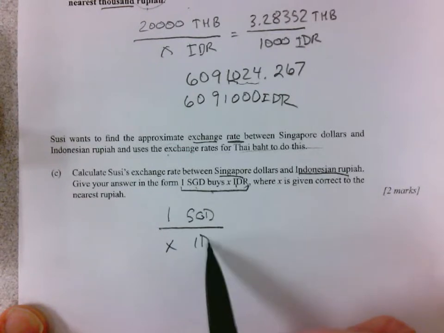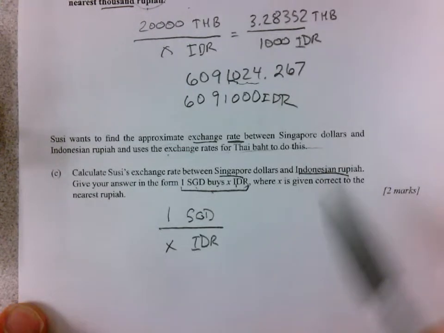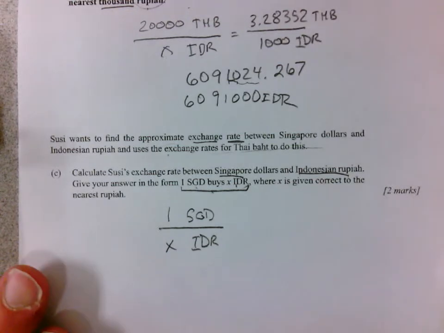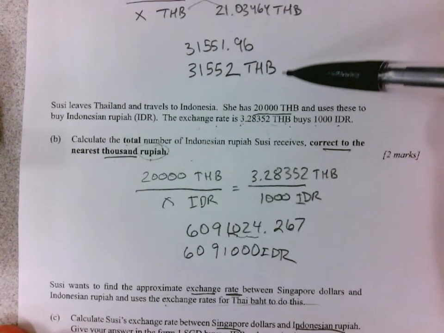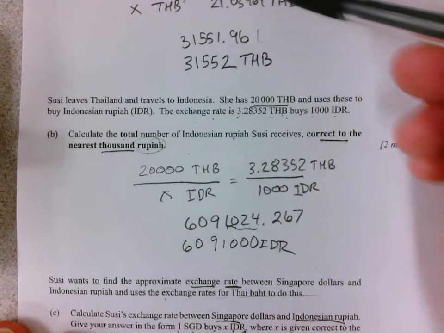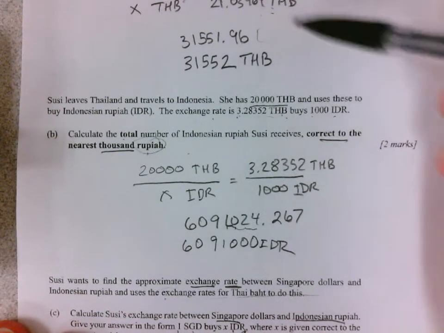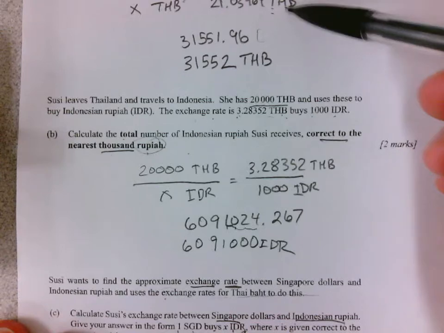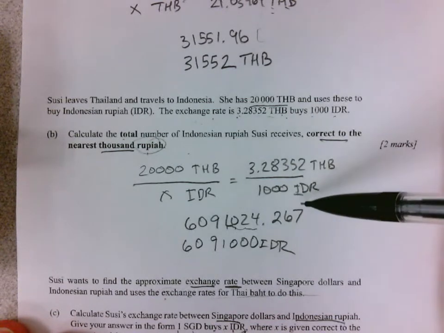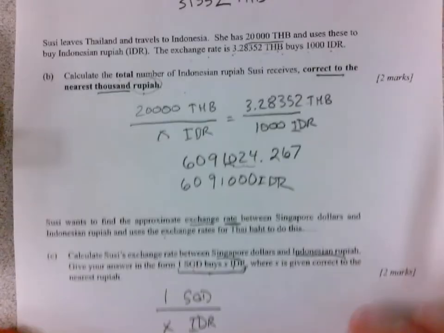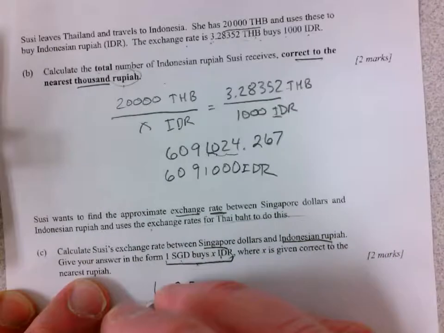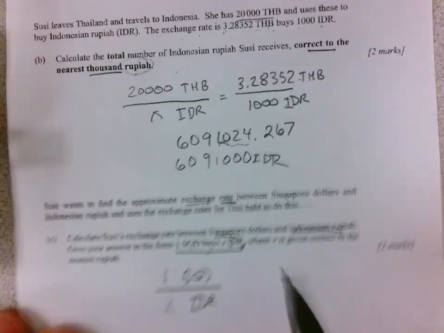So if you look back at the original problem, we had 1 SGD bought 21 Thai baht, and then we had that number of Thai baht is the number of IDRs. There are different ways to figure this out, but to me this is one of the ways you can use your factor label multiplying method.